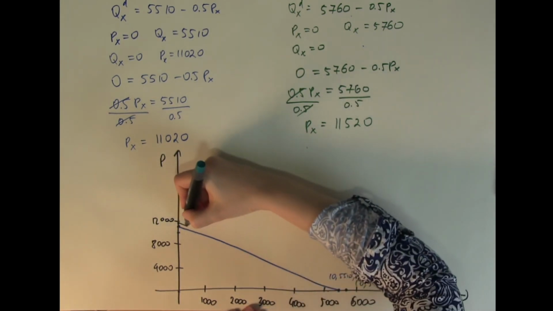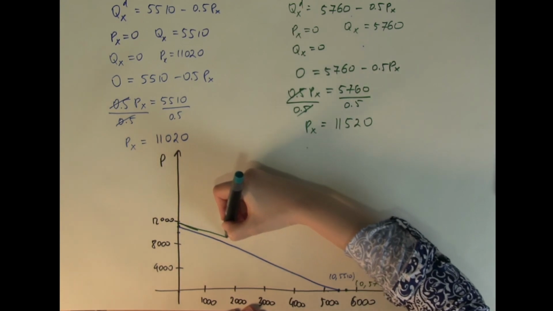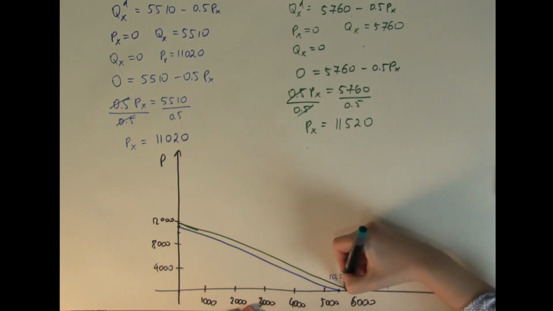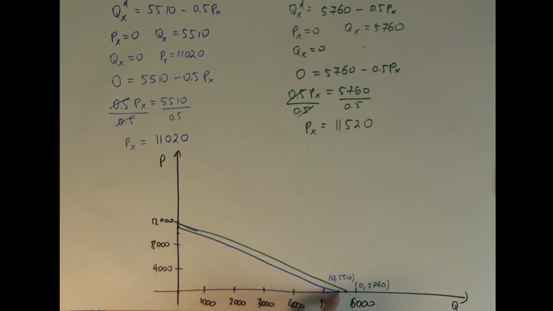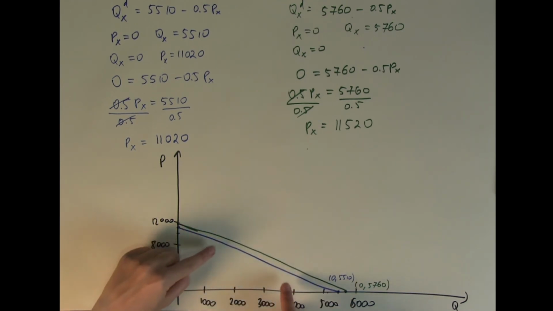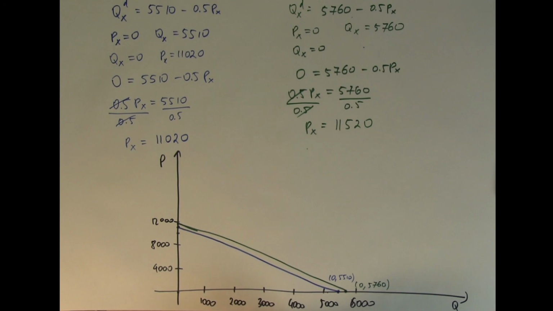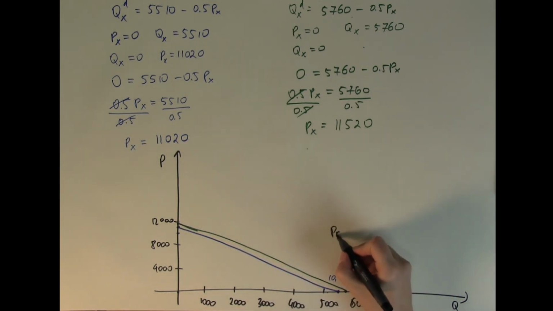And then draw the graph. If I was to use rulers, and if I was to use a bigger paper, it would show you quite nicely that the two lines are actually parallel. So what happened here?